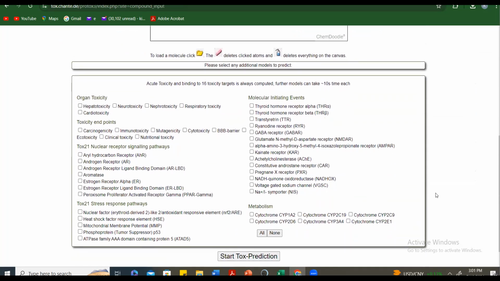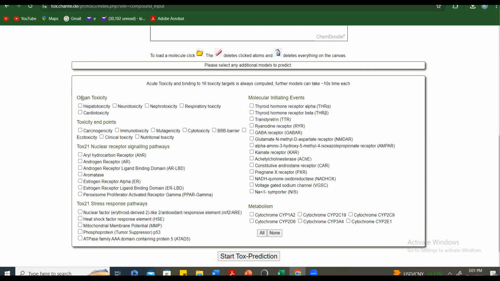I'm not going to go into all of this at your level, but let me just focus on hepatotoxicity. How many of you know what hepa means? What organ of the body does hepa refer to? Hepa refers to the liver.